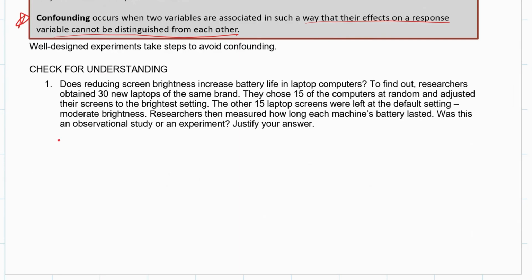Well, first of all, we're going to acknowledge that the brightness of the laptops was changed. We did something. Therefore, a treatment was imposed.